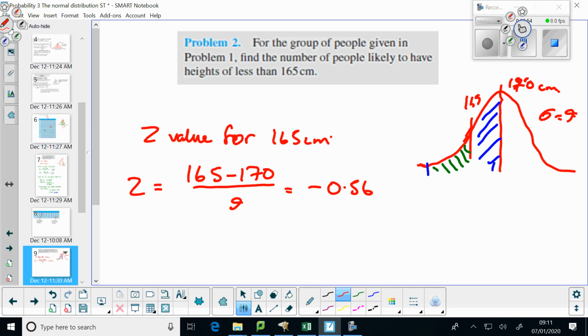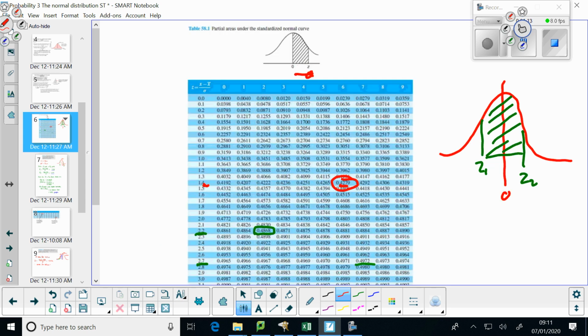Alright, so we want the Z value, therefore we can say the area for 165 centimetres equals, and we go to the table, we're looking for 0.56, there's 0.5, there's 6, 0.2123. Check I've got that right, yeah.